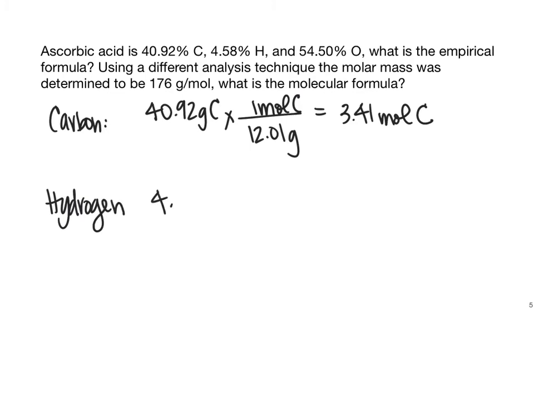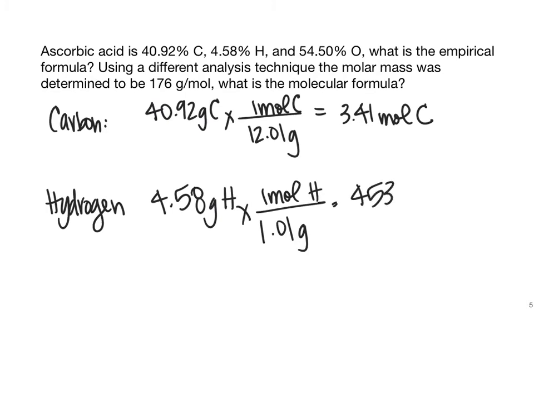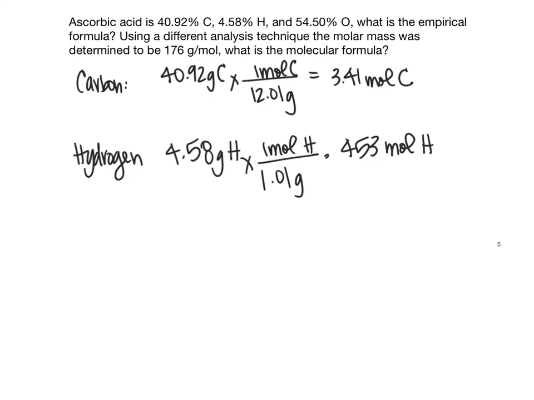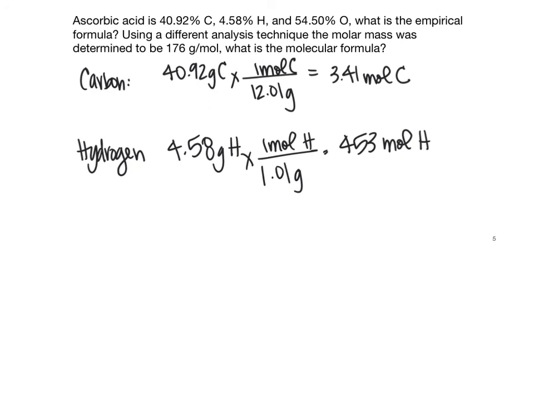So there's 4.58 grams of hydrogen divided by the mass, which is 1.01 grams in 1 mole. And that gives you 4.53 moles of hydrogen. Next, we're going to look at oxygen.